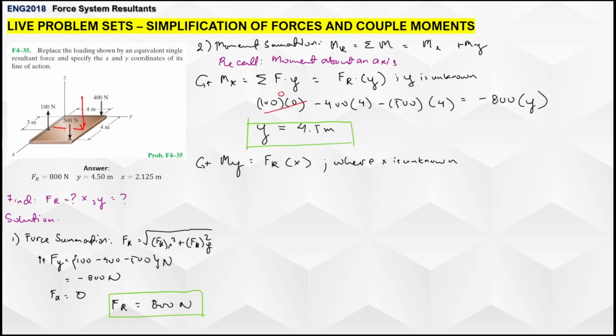This is y, and here, we don't know how far it is from its respective axis. So we're trying to determine where it is. This FR is the representative of all the forces you have here, and we're just trying to determine where it is being applied on this particular panel. I hope you understood that. So again, we're trying to determine where exactly the resultant force is being applied, and we're solving its coordinates by getting the moments about its x and y axes.